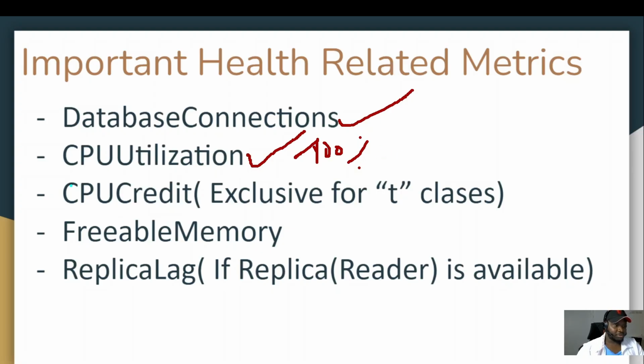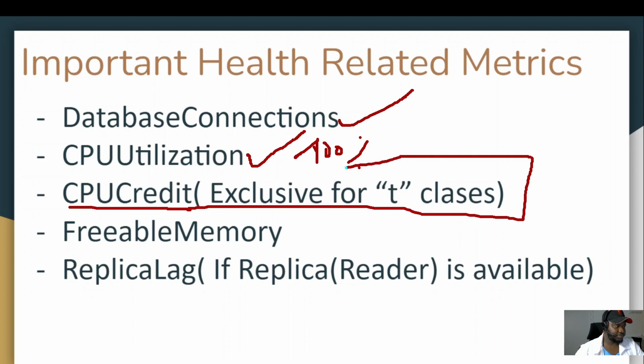The next is your CPU credit. Please take note, this CPU credit is exclusively for T classes. I once explained to you what T classes are. T classes are burstable instances.